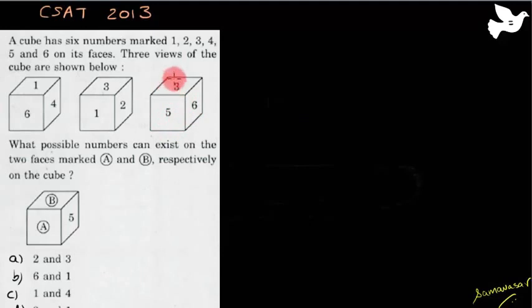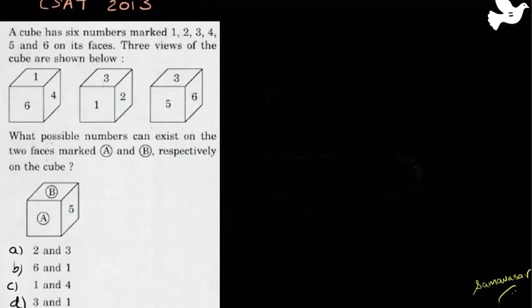Now let's look at this question. This is from CSAT 2013. It says a cube has 6 numbers 1, 2, 3, 4, 5, 6 and the three views are given. So what numbers possible can exist at A and B? This is what we are asked. Now what I told you in the previous segment, here I have 5. So let me just say that this is the cube.